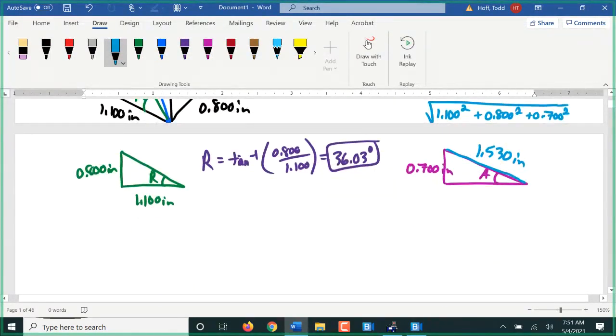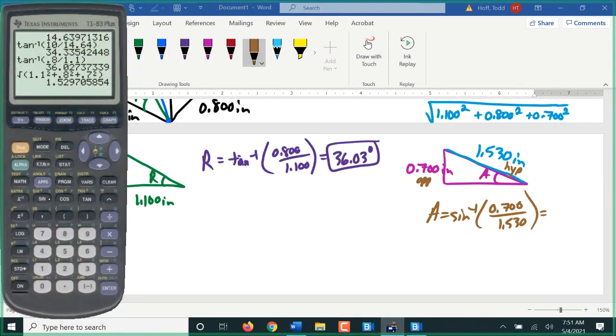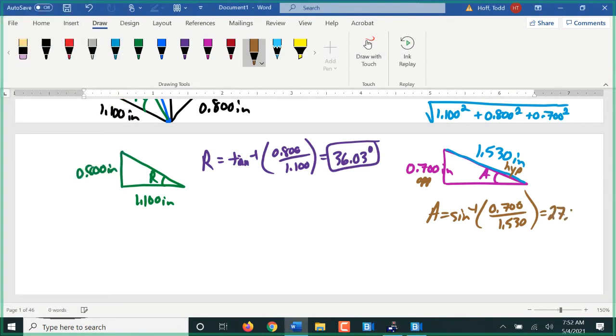So now we can find A, because we have the opposite side and the hypotenuse. That's a sine. So A is an inverse sine of the opposite side of 0.7 over the hypotenuse of 1.530. Gives 27.23 degrees for that angle there.